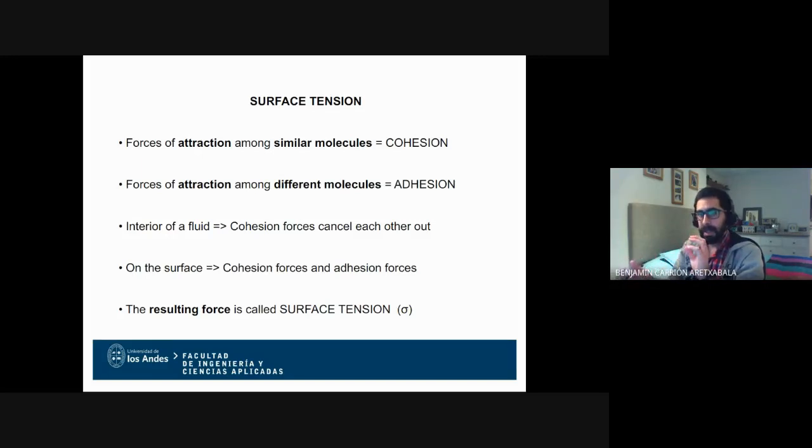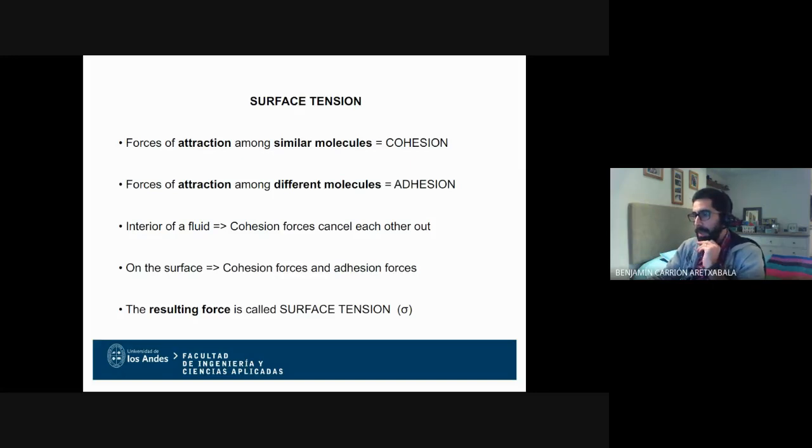That attraction happens because of adhesion. So small molecules stick to the water. But at the interior of the fluid, cohesion forces are the ones that create this force at the boundary, at the surface.